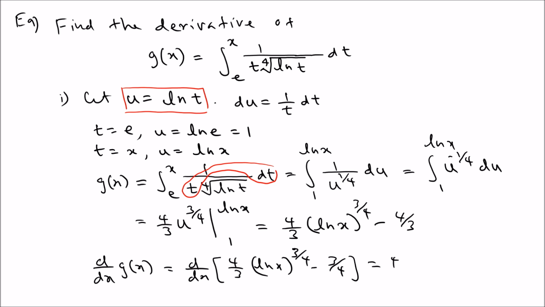You get 4/3 times 3/4 natural log x to the negative 1/4, multiplied by the derivative of the inside function, which is 1 over x. You can see these get cancelled, so you get simply 1 over x times the fourth root of ln x. That's the answer.